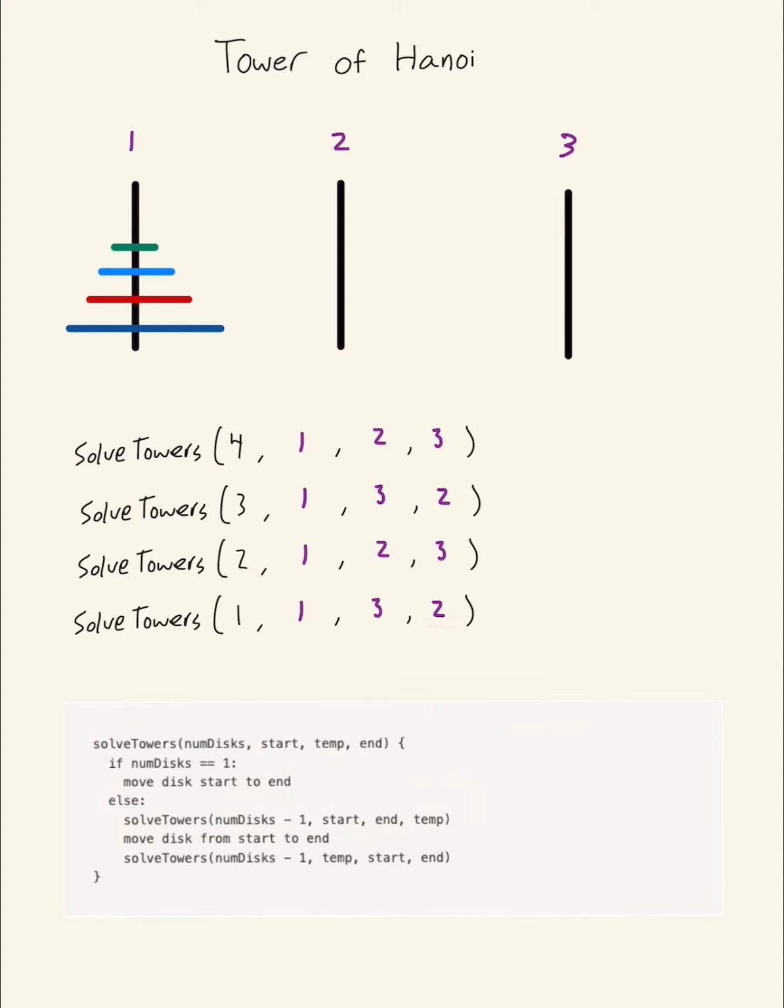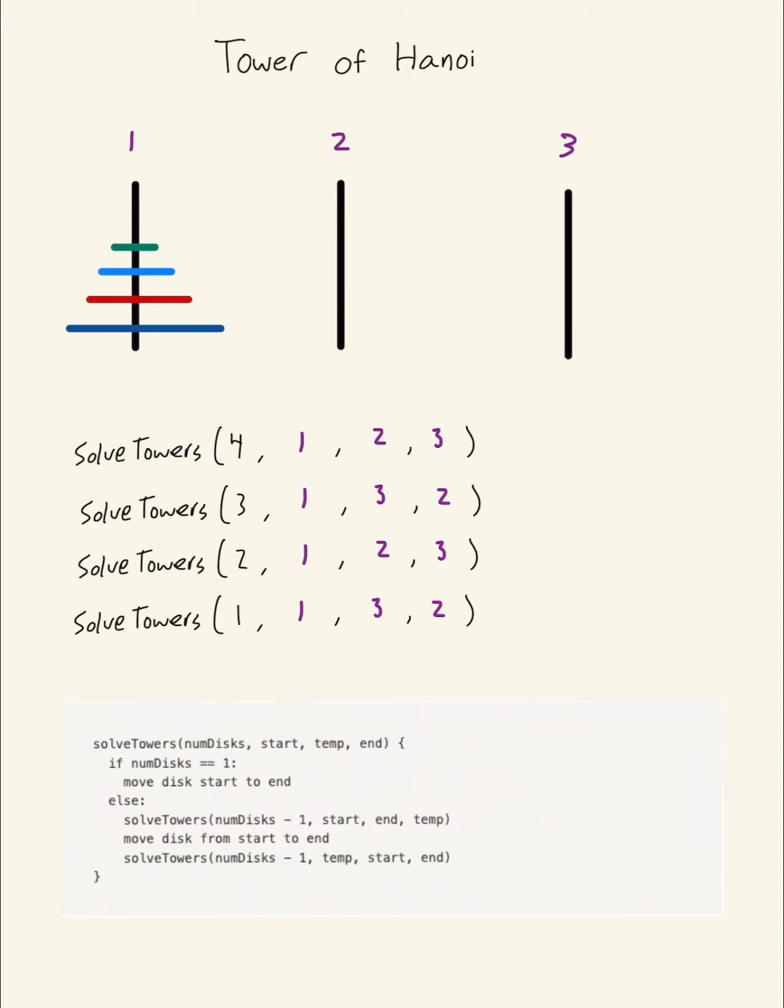All right, well, this is where the base case comes into play. This is the base case. And the reason that this is a base case is because in order to move a tower of size 1 to its destination, whatever that may be, we don't need to solve any other subproblem because there's nothing on top of it preventing us from moving it.